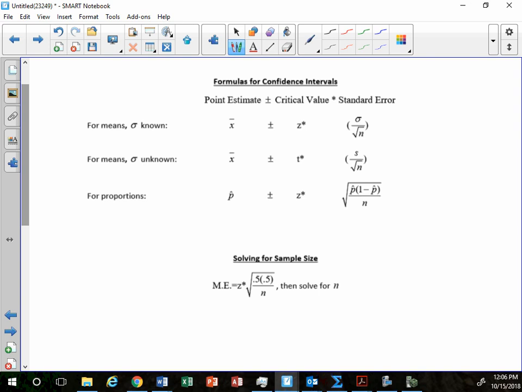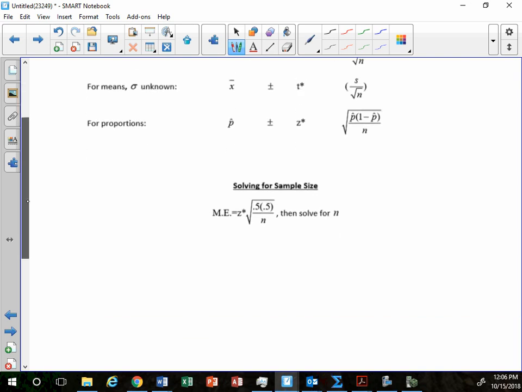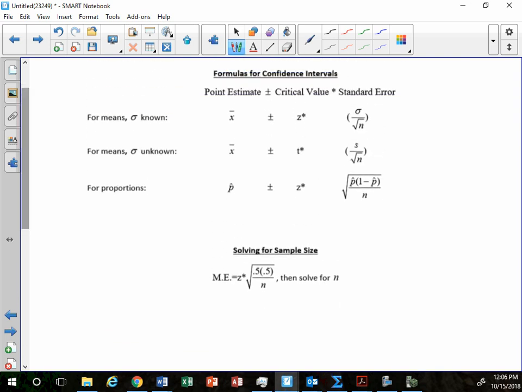If you don't know sigma, it's the same thing, but we're using a critical t and s instead of sigma. For proportion, you only get one formula, involving your p hat. We'll look at this again in a little bit, the whole solving for the sample size. Those are just formulas, things you must write.